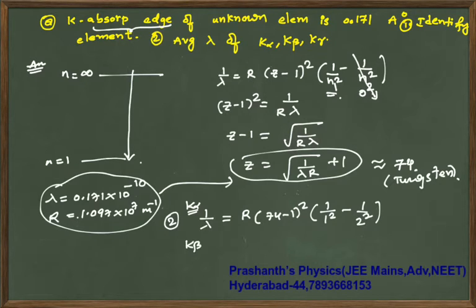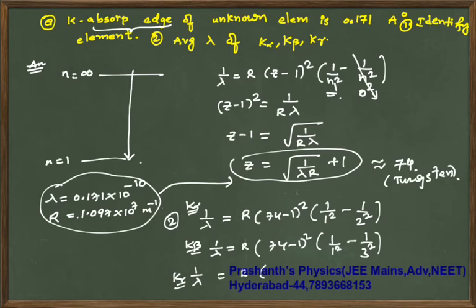For the K beta line, 1 by lambda equals R times (74 minus 1) whole square times (1 by 1 square minus 1 by 3 square). And for the K gamma line, 1 by lambda equals R times (74 minus 1) whole square times (1 by 1 square minus 1 by 4 square). You simplify this, and whatever you get is going to be our final answer.